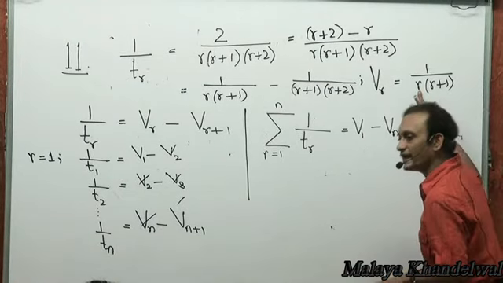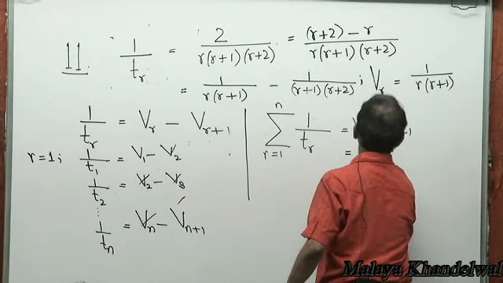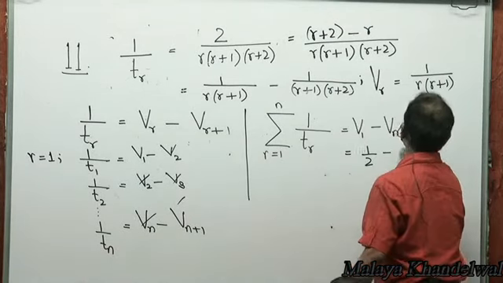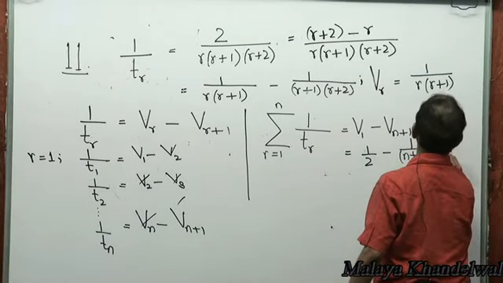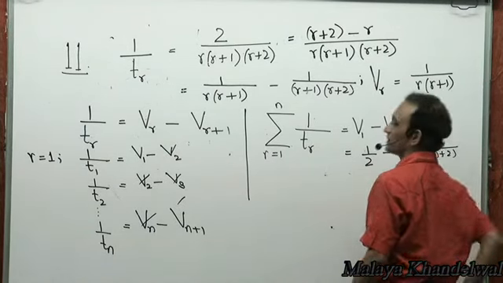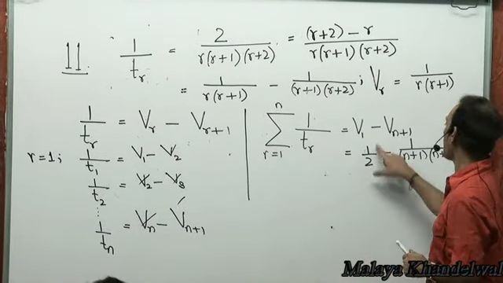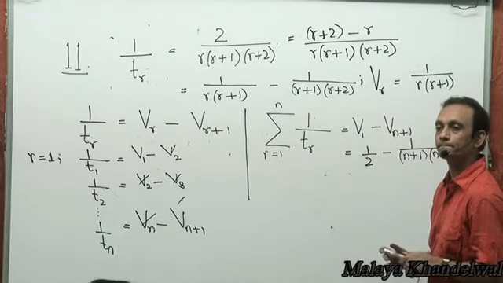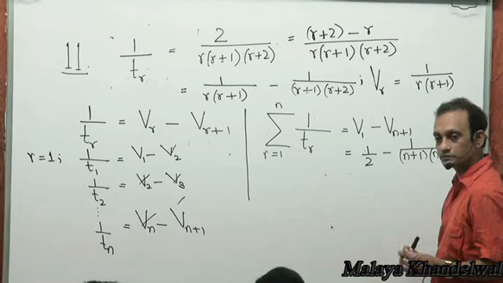Put r equal to n plus 1. So V1 turns out to be 1 by 2. Vn plus 1 turns out to be 1 by n plus 1 into n plus 2. Yes or no? So that's summation 1 by Tr, half minus this. Clear?